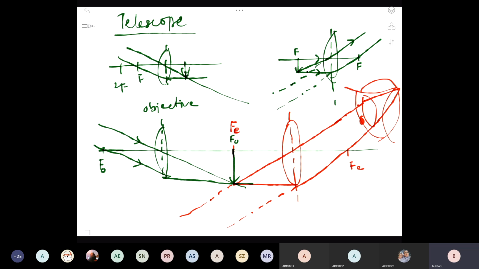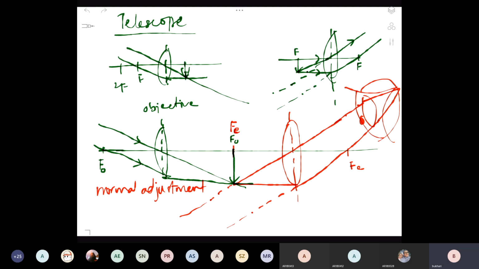Okay, in this situation where FE and FO are exactly on the same spot, we call it normal adjustment. You need to remember this term. This is very important because it is always used in examination questions. Normal adjustment means the focal points of the objective and eyepiece lens are exactly on the same spot.